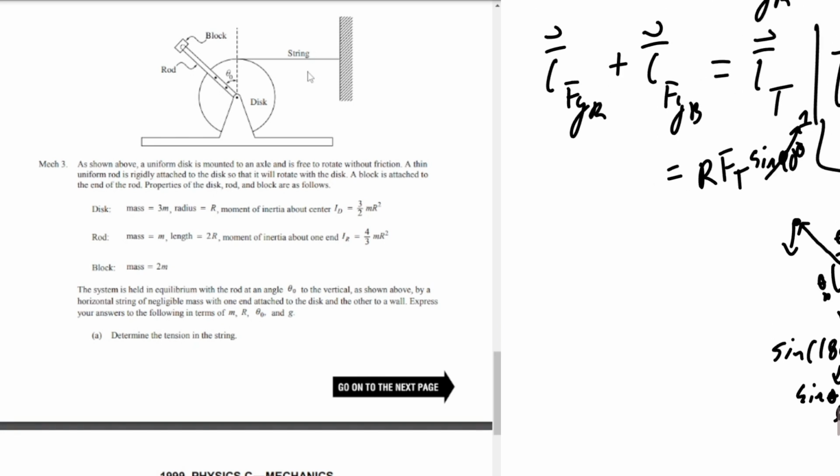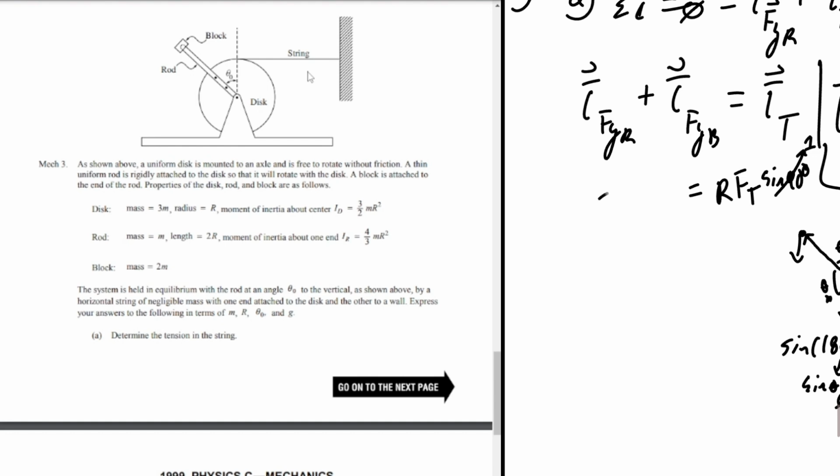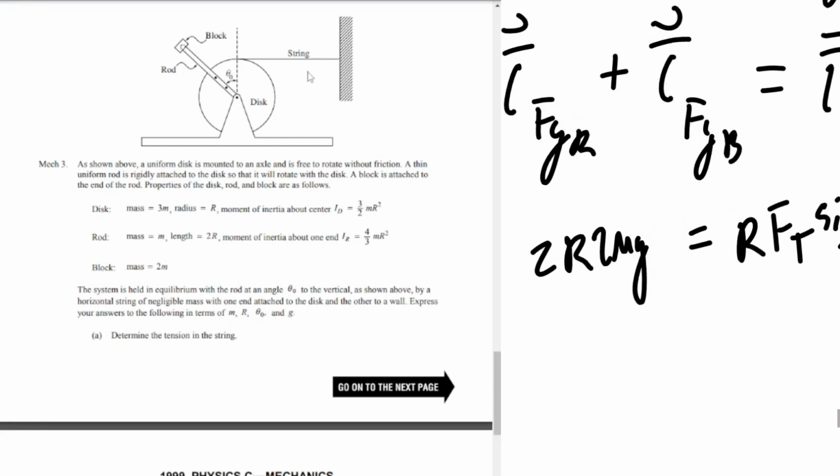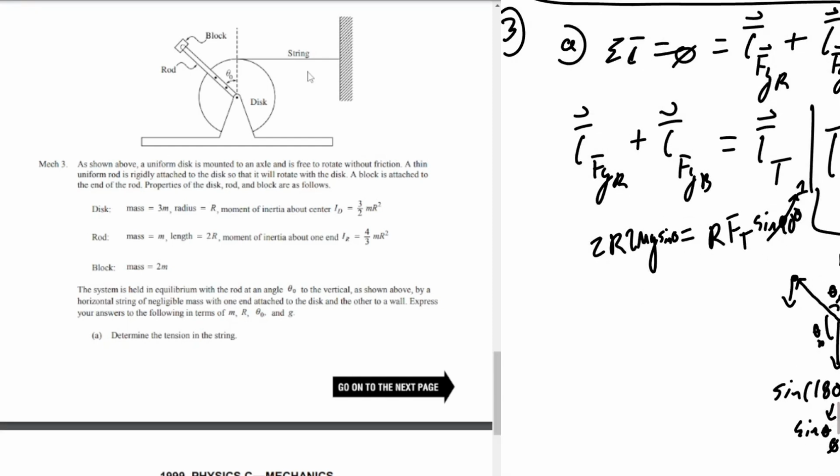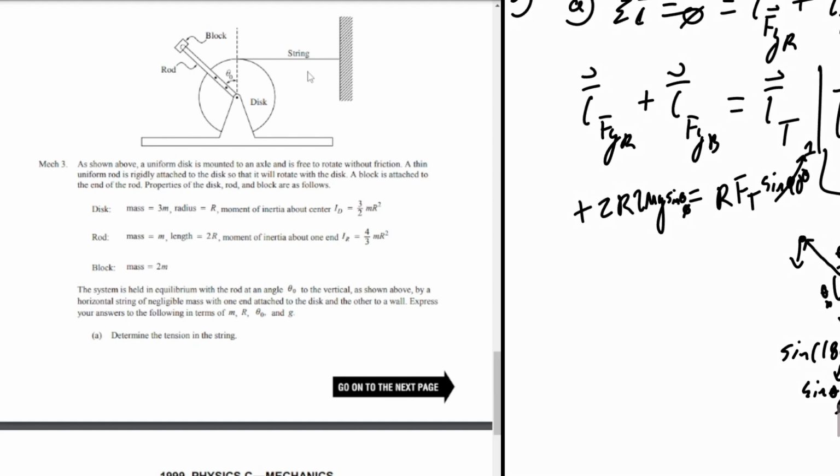So I'll do the force of gravity of the block first: 2r, and the block pulls down with a force. What was the block's mass? 2m, so times 2mg, sine theta naught. Plus the torque due to the force of gravity of the rod, which is at just r, because it's at the center of mass of the rod, r times the mass of the rod, mg sine theta naught.